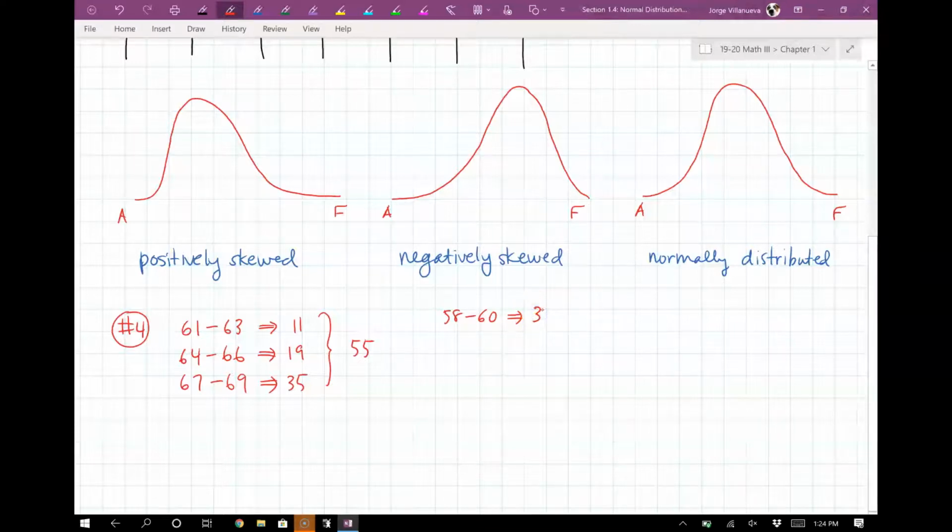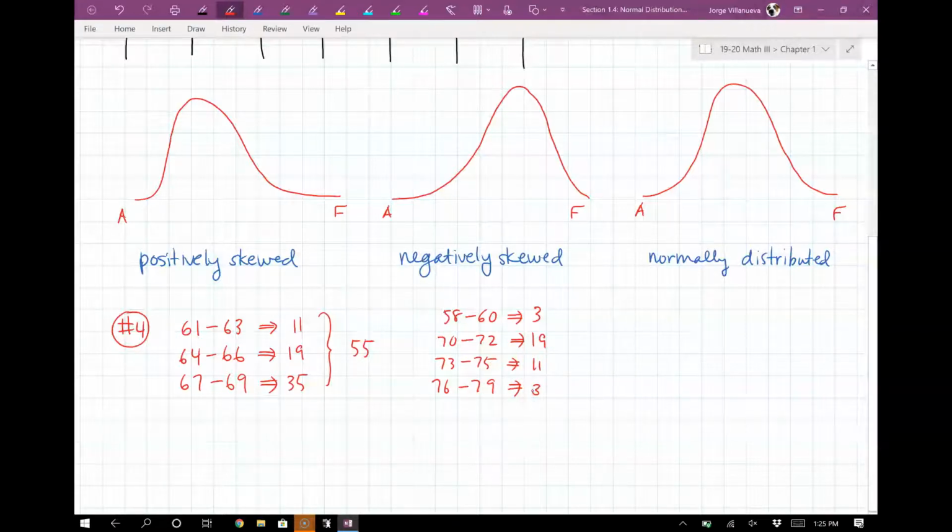We already did 61 to 63, 64 to 66, 67 to 69. We know that's 55 total. From 70 to 72, that comes out to about 19. From 73 to 75, that's about 11. And from 76 to 79, that looks like about 3 as well.